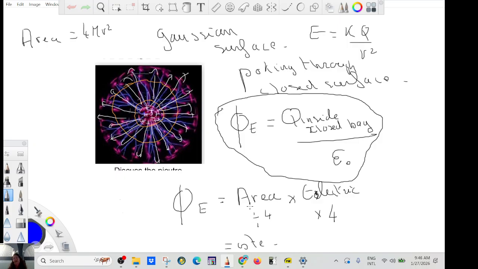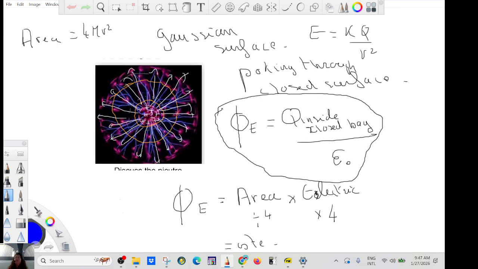The flux of the electric field is the area through which the lines are poking through times the magnitude of the electric field. So if I take this bag here, it will be 4 pi r squared times the magnitude of the electric field at the surface of the bag. Are you with me?